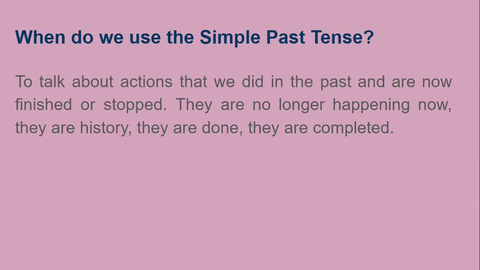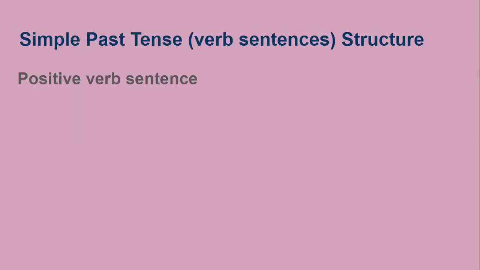Okay, so let's start with the first, which is the positive verb sentence. So the simple past tense, positive verb sentence. Okay, now, by now, you know what is a verb sentence. A verb sentence is a sentence that has a real verb, right?